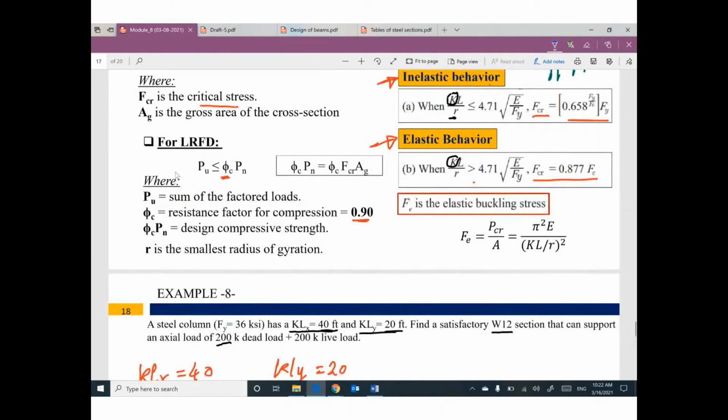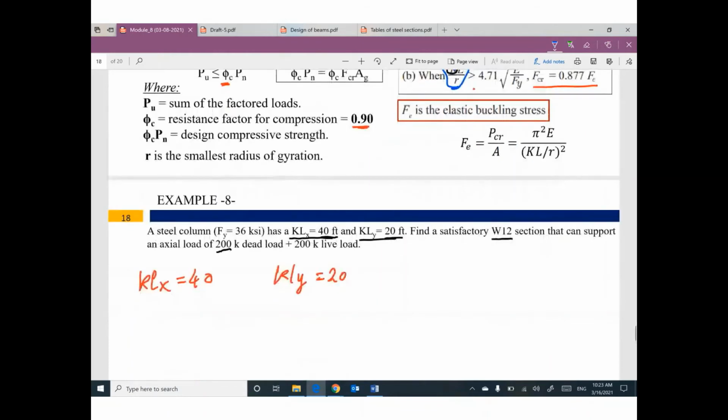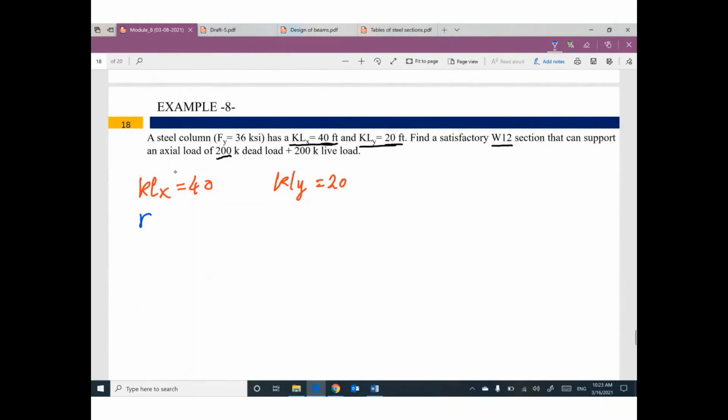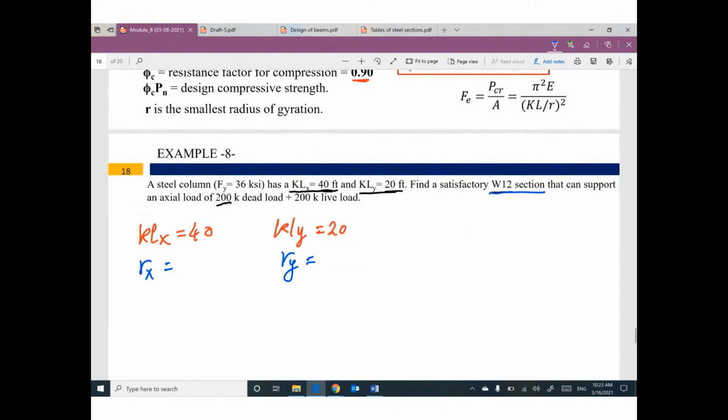We need to get the full term, KL divided by r. Get the value of these two terms, and then I can tell you which direction will be more critical. What is the value of rx? What is the value of ry? I cannot figure out the value of rx or ry until I assume a cross section.